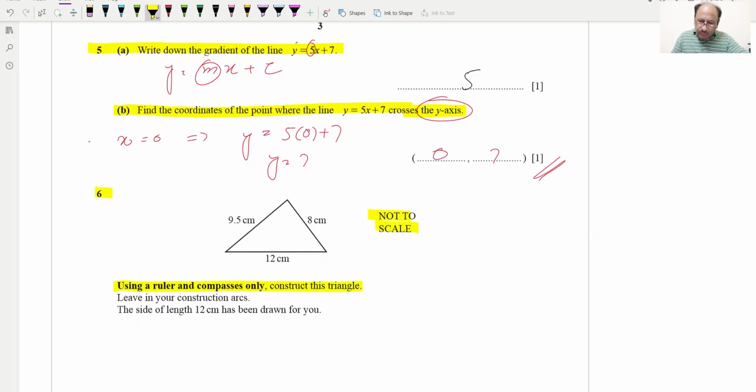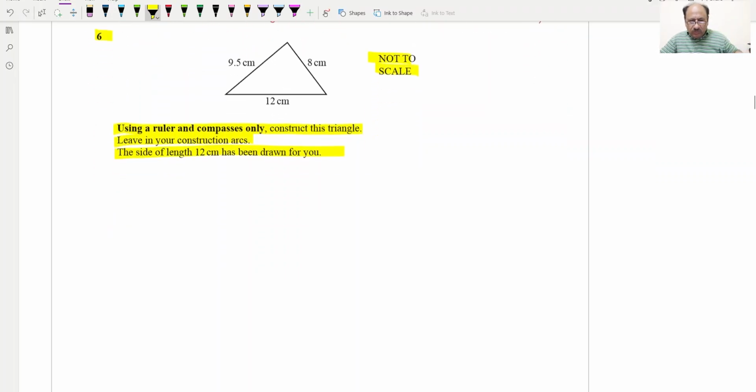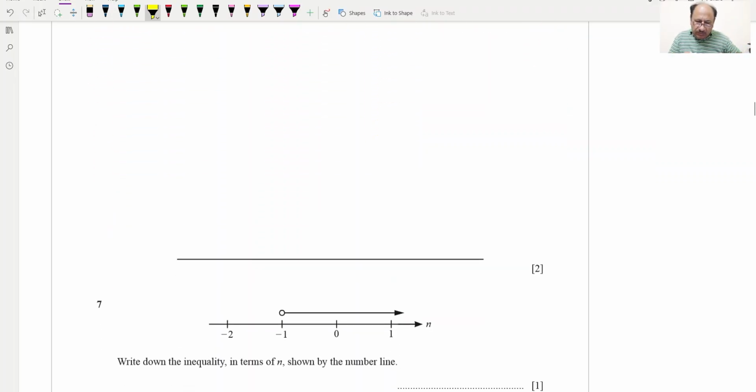Now question number 6, the diagram is not to scale. Use a ruler and compasses only to construct this drawing, and leave in your construction arcs. The side of length 12 centimeters has been drawn for you, so we can just mention here 12 centimeters. Now we'll be drawing 8 centimeters.